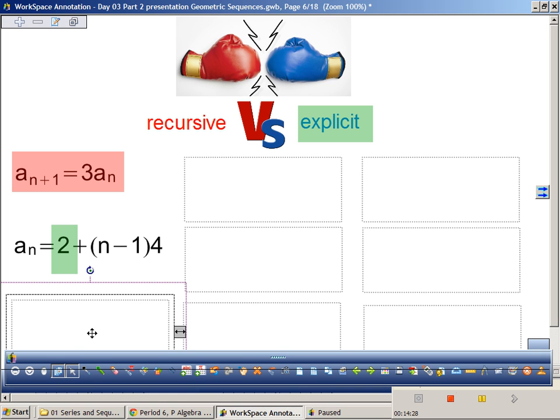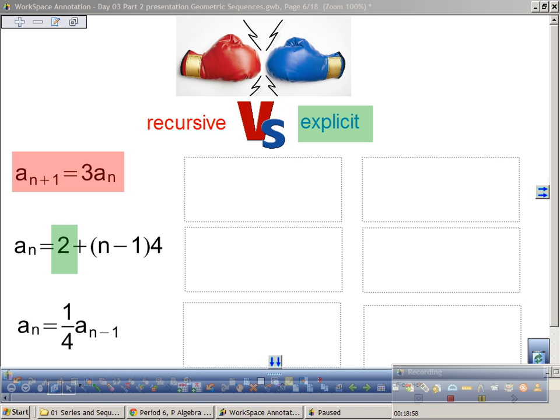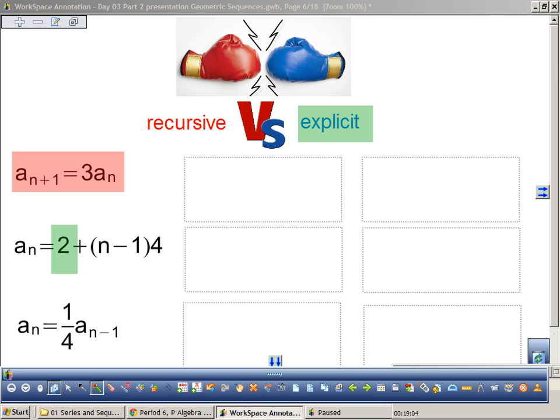Let's try another one. What do you guys think? Show me your paddle. Recursive or explicit? Okay, better. Better. It's just talking, there is no first term. It's just talking about the previous term. That's it. That's just how much to multiply by the previous term, right? So it must be geometric because it's multiplying. Let's try another one.